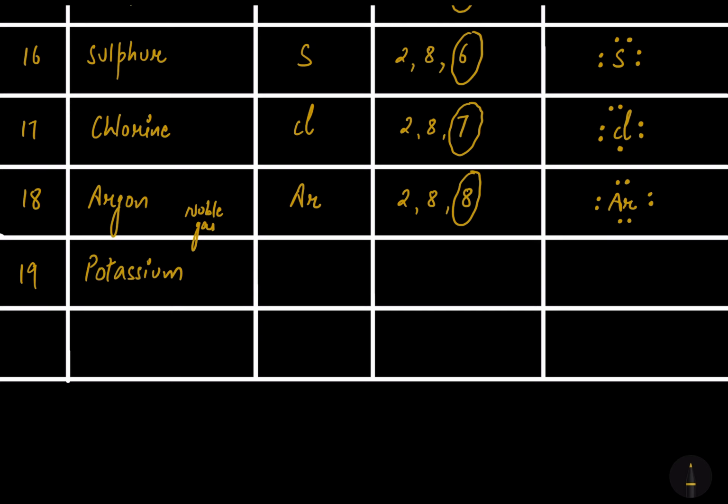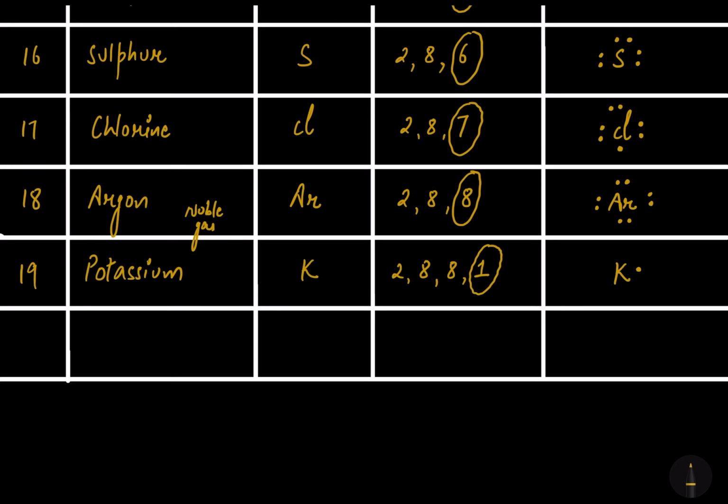The symbol for potassium is K. The configuration comes out to be 2, 8, 8, 1. So here the 2 electrons are present in the first shell, 8 electrons in the second, 8 electrons in the third, and the 1 electron in the fourth shell, that is a valence shell, the outermost shell. So we have to take the Lewis symbol like K with 1 electron only. So that's the Lewis symbol for K, or potassium.